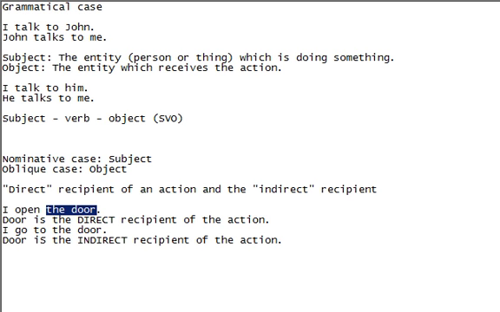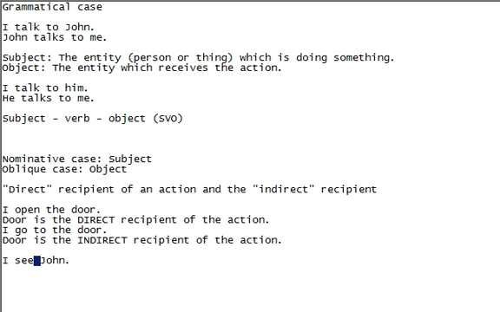If you want to make a sentence without that, for example, you say something like "I see John." There's no intervening word here. It's directly "I see John."